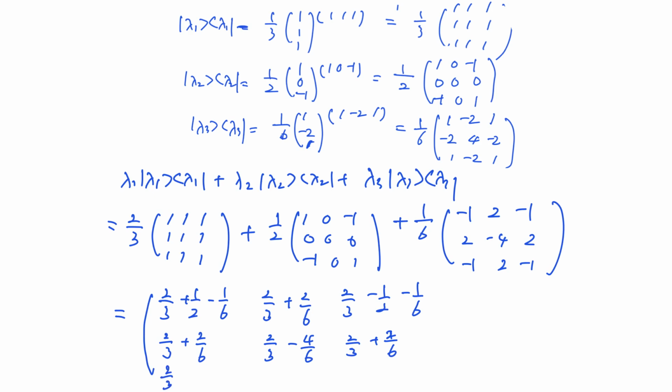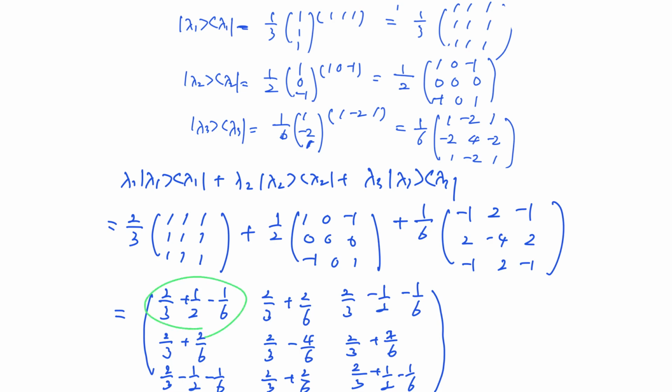Two over 3 minus 1/2 minus 1 over 6, 2 over 3 plus 2 over 6, 2 over 3, 1/2 minus 1 over 6. Okay.